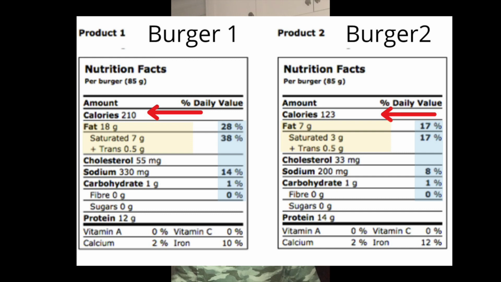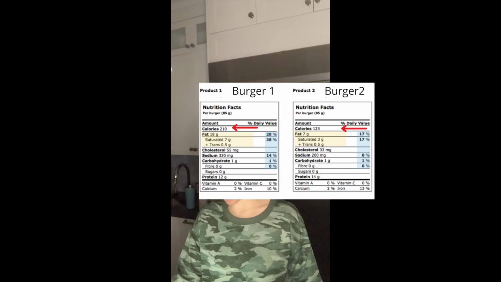We want more fiber, more vitamin A, vitamin C, iron, and calcium. And we want less fat, saturated fat, trans fat, sodium, and cholesterol. Product 1 has a higher percent daily value in fat, saturated fat, and sodium compared to product 2. Therefore, product 2 is the healthier choice.